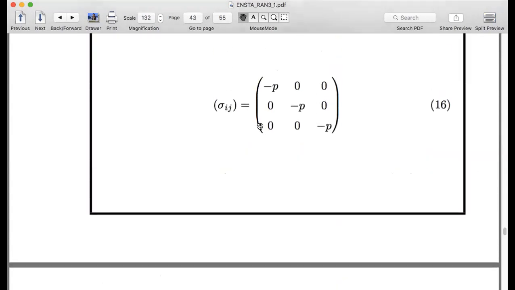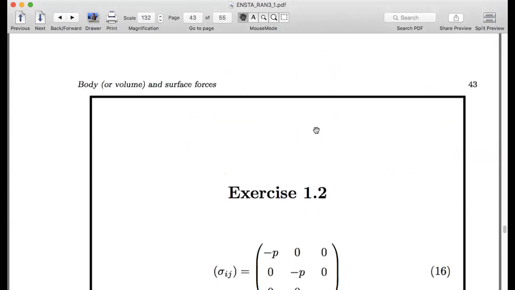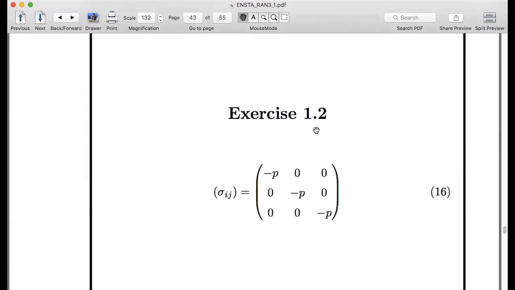By the way, this is called isotropic because it's the same stress tensor regardless of the orientation of the coordinate system. When you apply this transformation matrix, which takes account of the fact that you've rotated your coordinate system, you'll always fall back on this minus p along the diagonal form here.